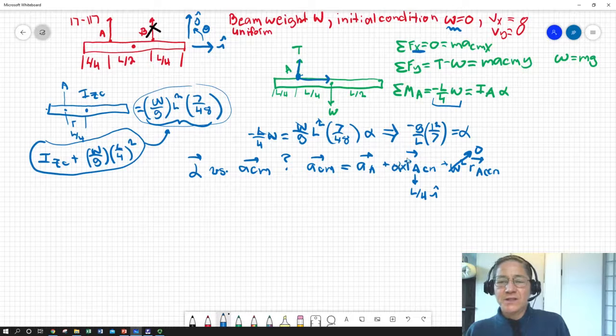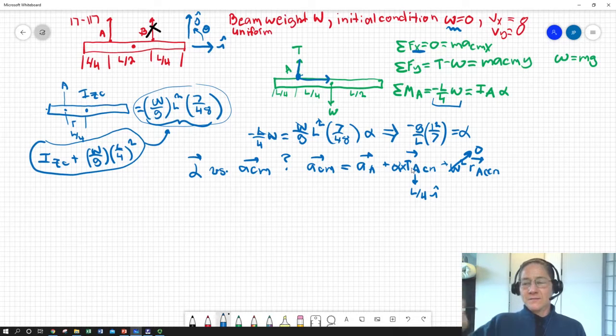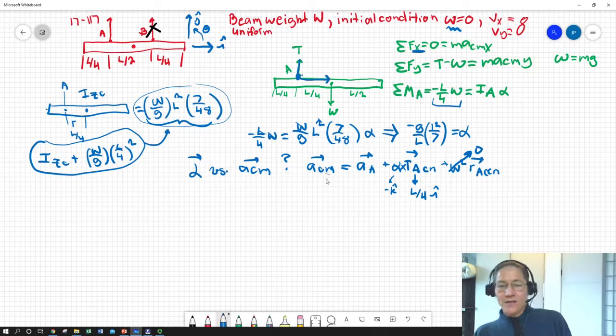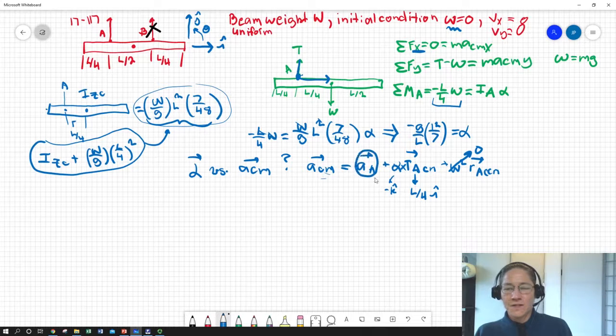Alpha is pointing into the board, so this is going to be in the negative k hat direction. So basically our acceleration of the center of mass is going to be pointing straight down, and then it's going to be all in the j hat direction again, because at this point in time we can say that is also 0.